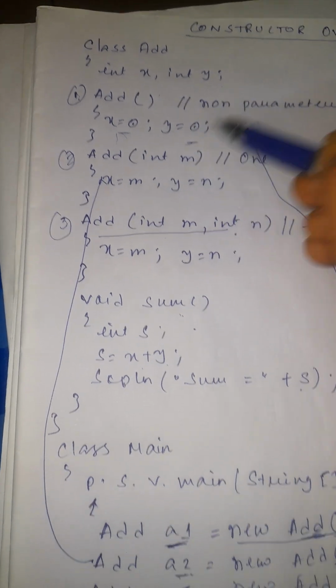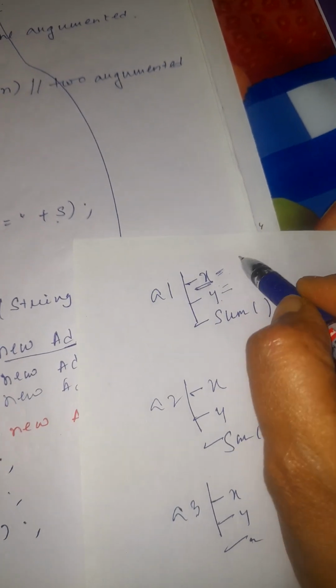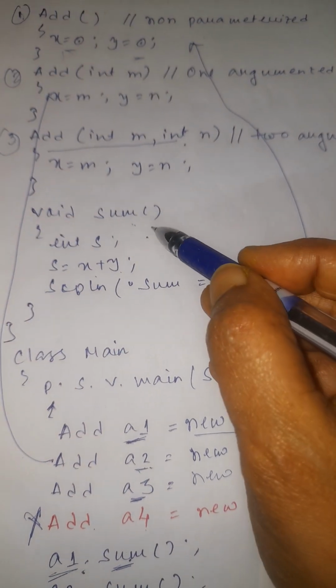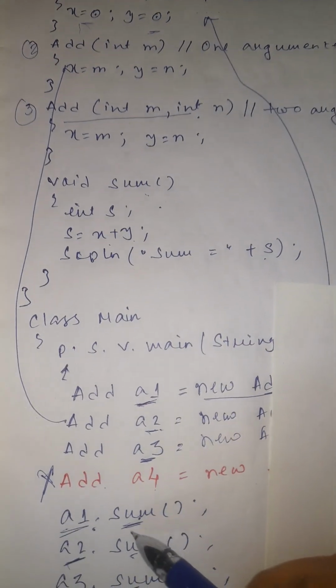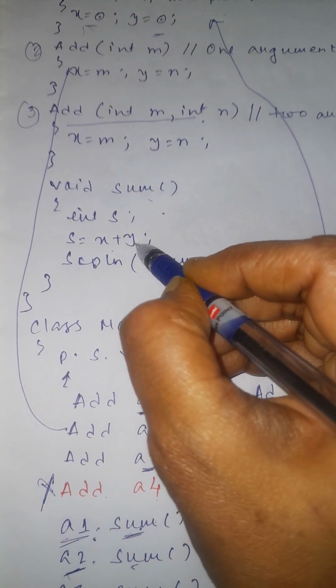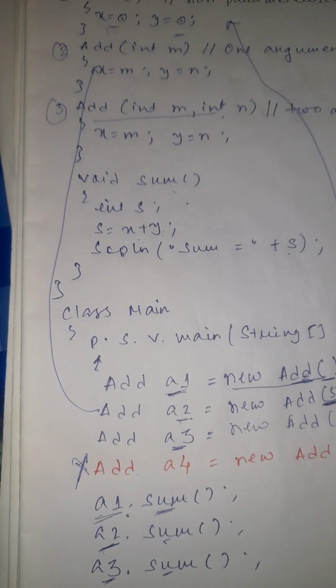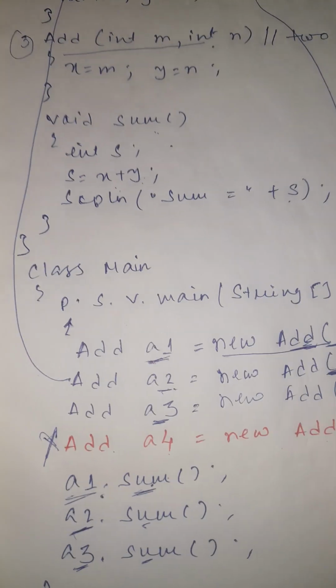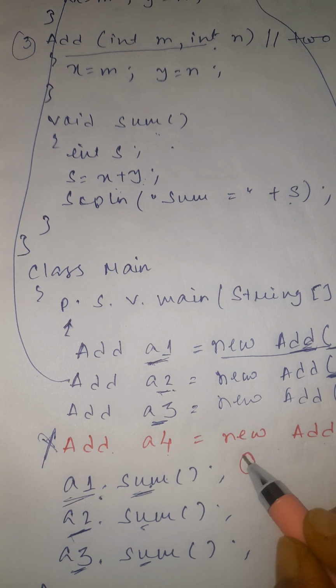So x will be 0 and y will be 0. When the sum function is called with a1 dot sum, x and y will be 0 plus 0. So the output of a1 dot sum will be 0.